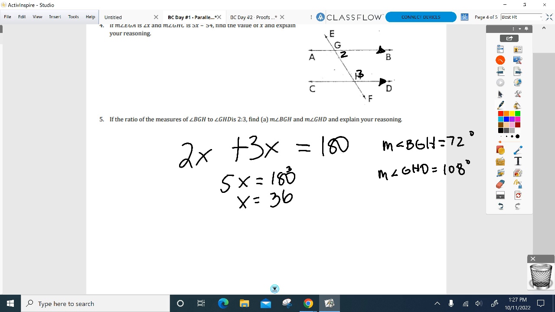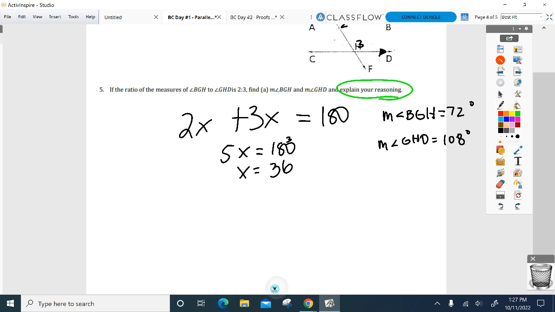One last thing we need to take care of, right? Why did we set them equal to 180? And this is going to be going in the reasons column of your proofs today. We start out with parallel lines, because that was what I was given. Imply, the arrow going to the right. Somebody remind me, what type of angles did I have here in this problem?